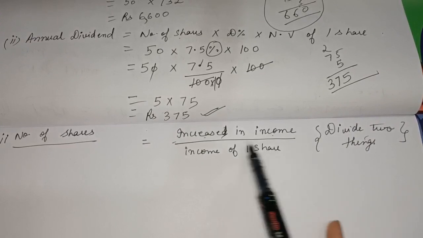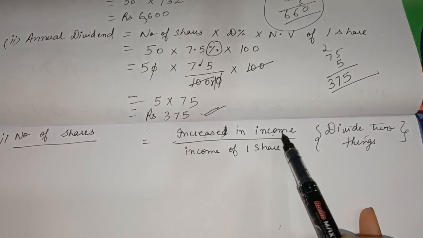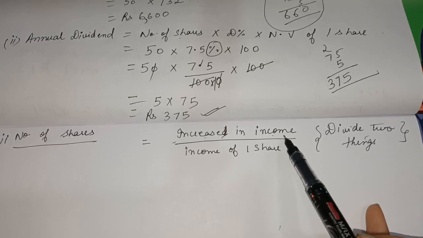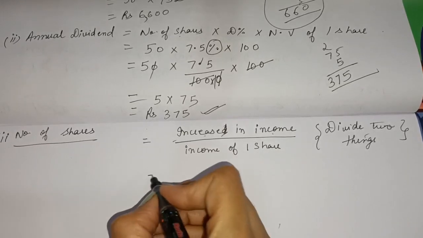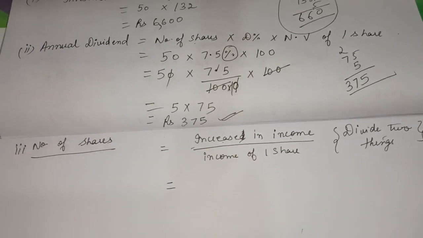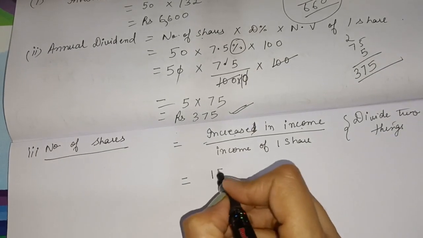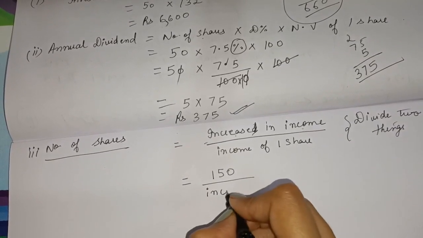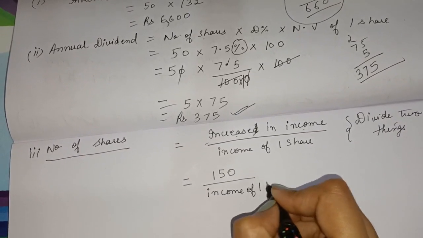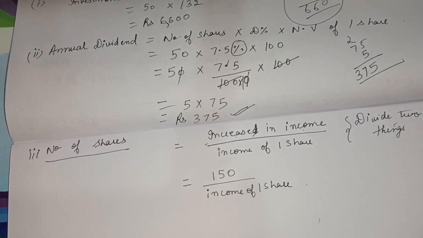So total income by income of one share. Total income, how much they want to be increased, that is 150. Income of one share we don't know, but we can find it. So very easy.